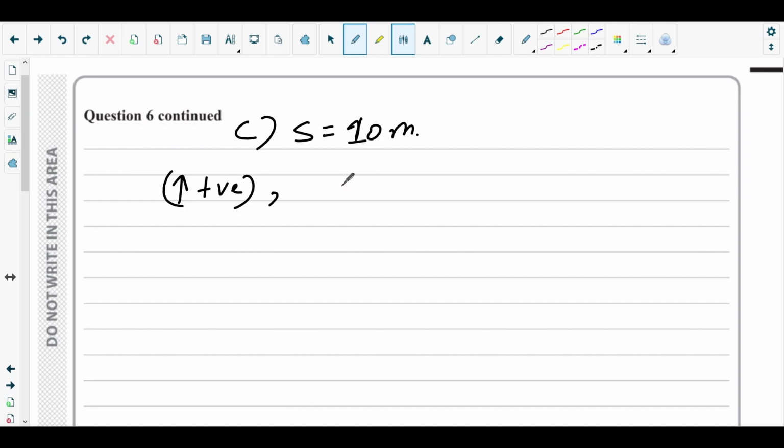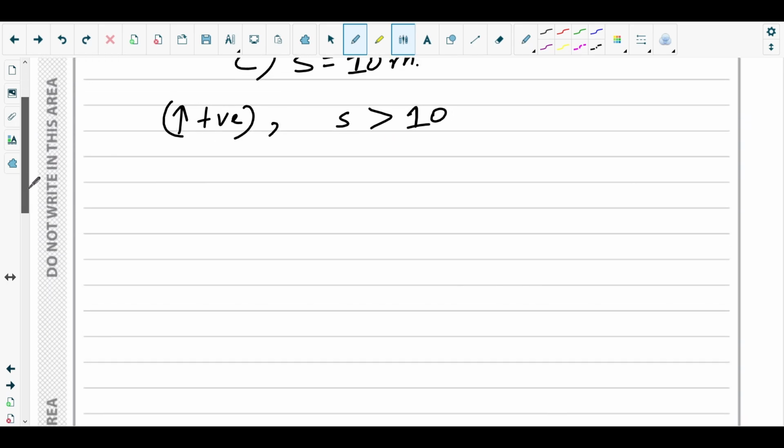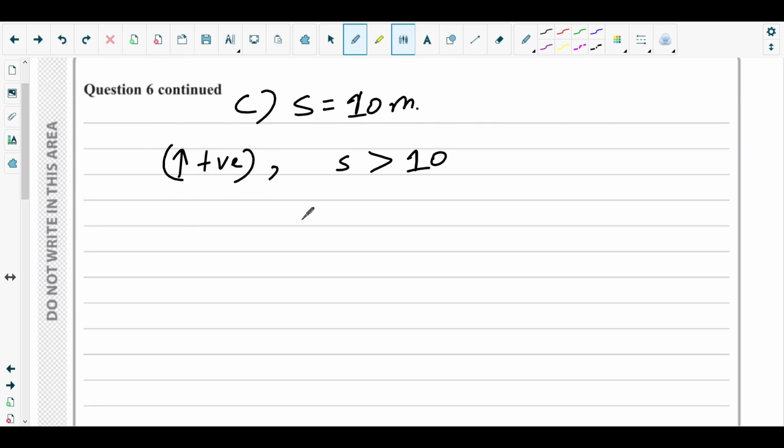So the displacement should be greater than 10 meters in order to be above point C. So s equals ut plus half at squared: 24t minus half gt squared greater than 10.